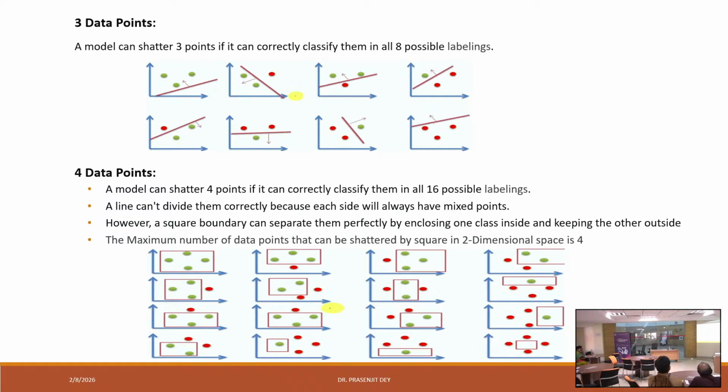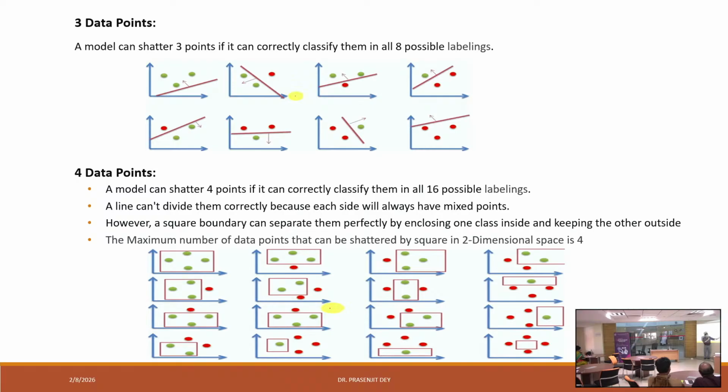Like in this example, you cannot draw a line that will separate the red circles and the green circles. Always, like in the XOR case, you cannot draw a line which is going to separate the data points.